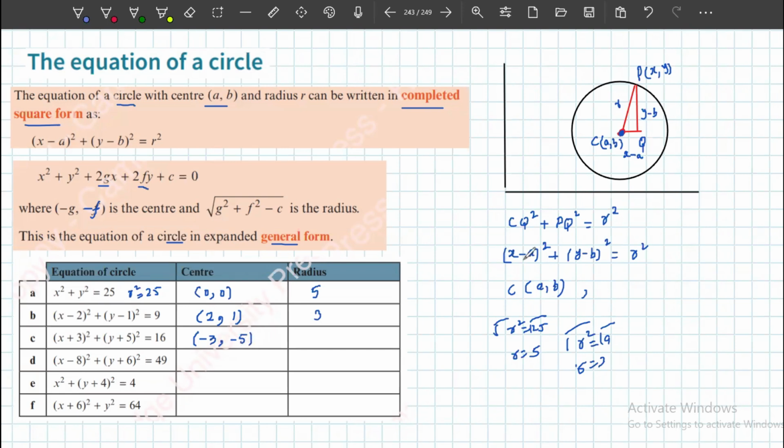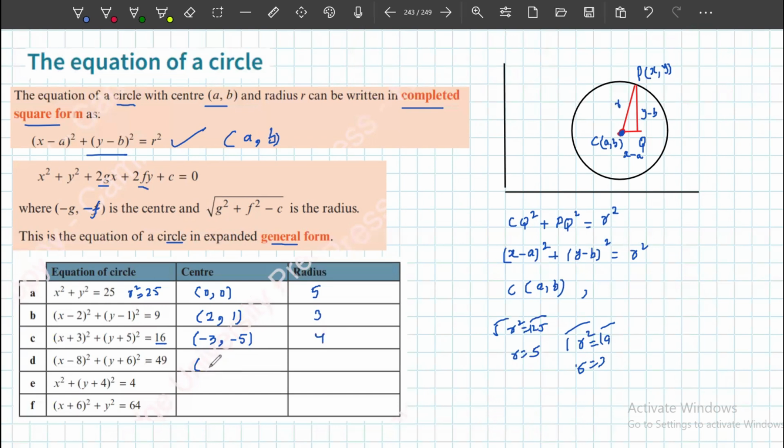Because as I said, if we have x minus a whole squared plus y minus b whole squared equals r squared, your center is a comma b, which means opposite symbols of a and b. In the equation it is minus a, but in the center we write a comma b. So always opposite signs. And the radius: r squared here is 16, that means r must be 4.